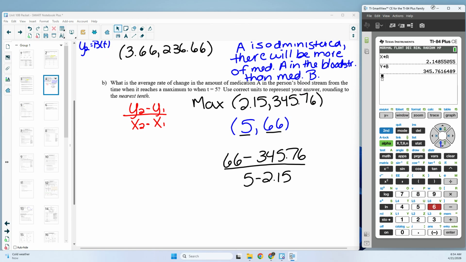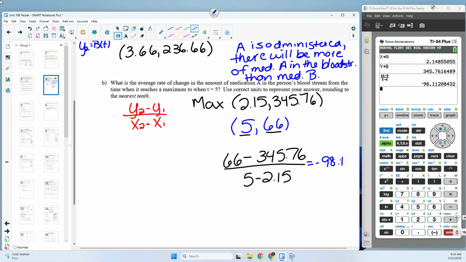I have 66 minus, I stored that one as b, and I have, okay, still not letting me delete it, so we'll move it again. On the bottom, we have 5 minus a, and now we can press enter, and I get my answer, which is negative 90.1.